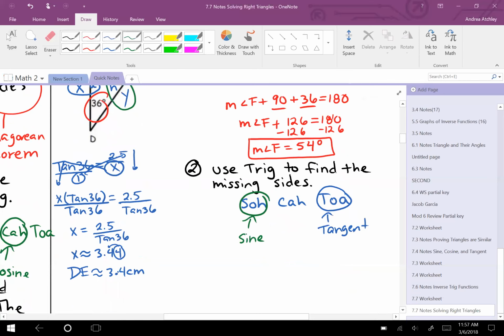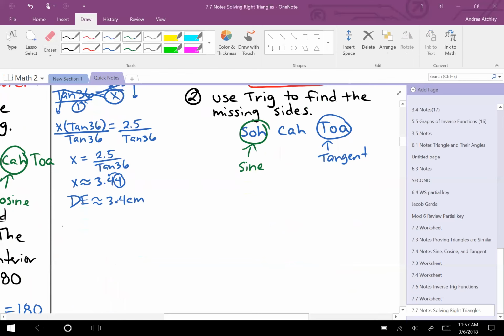So I'm going to use the sine. So this time it's the sine of 36 is going to equal the opposite, which was 2.5, over the hypotenuse, which is my Y. I put this over 1, and I cross multiply. So I have Y times the sine of 36 equals 1 times 2.5, which is 2.5.